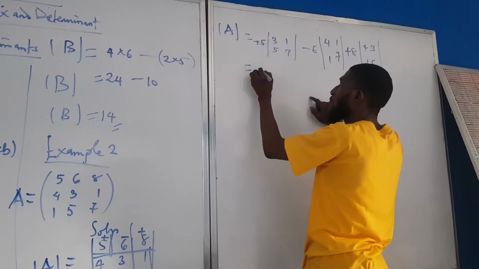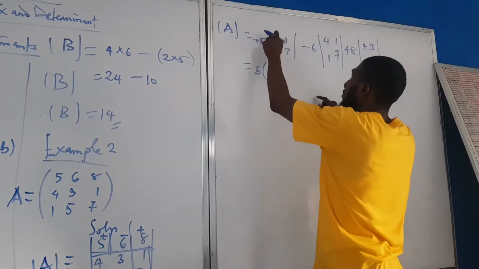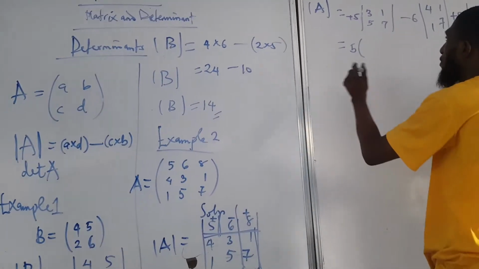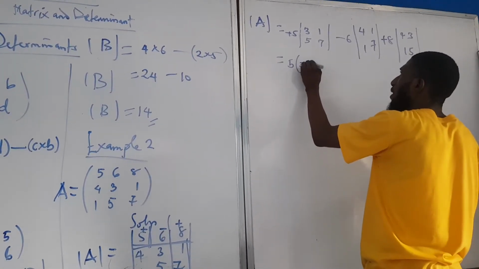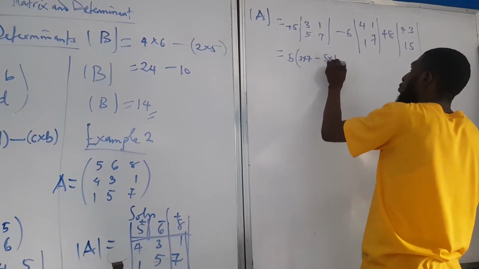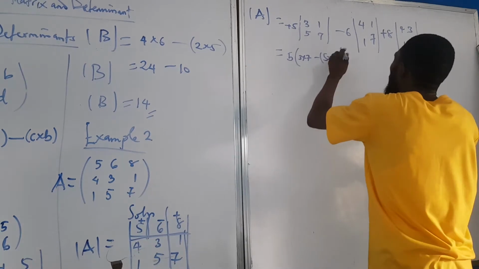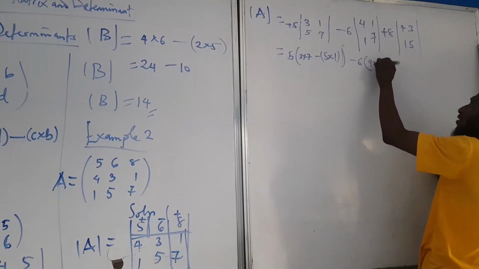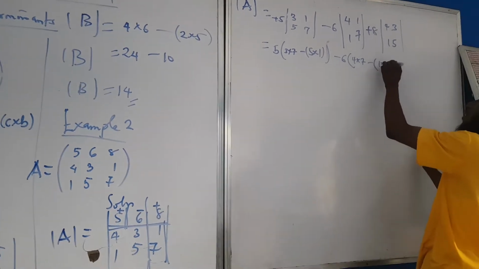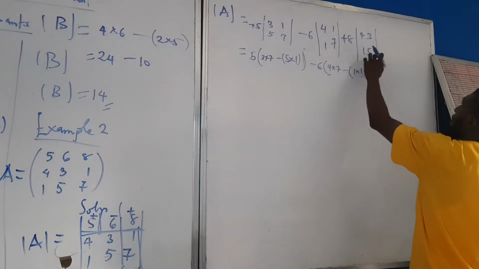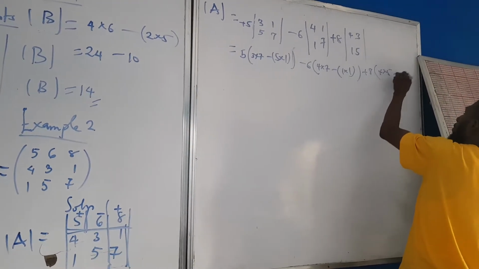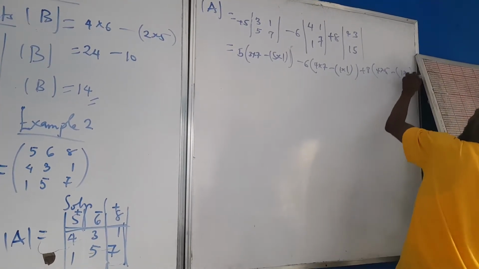We have it to be 5 into bracket, this one and this one minus this one and this one. Remember the method we use in finding this. Therefore, we have it to be 3 times 7 minus 5 times 1. Then we have minus 6 into bracket 4 times 7 minus 1 times 1. Then we have plus 8 into bracket 4 times 5 minus 1 times 3.